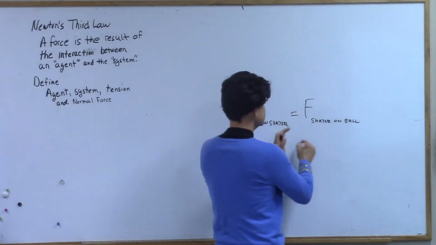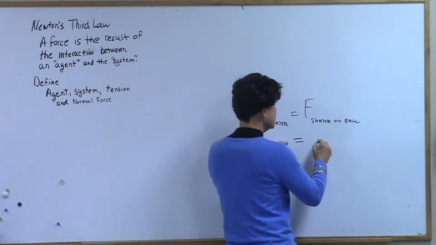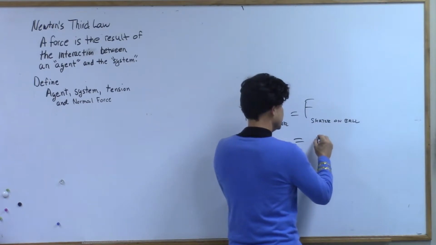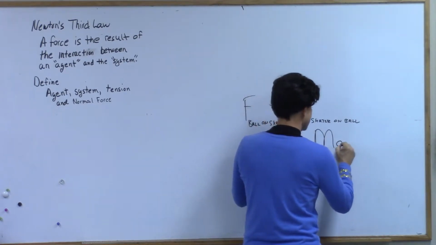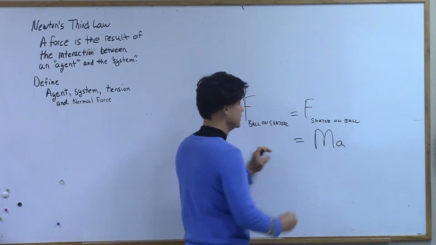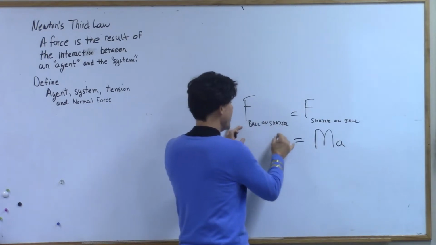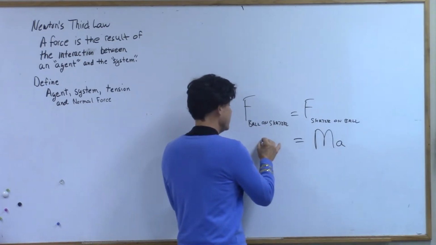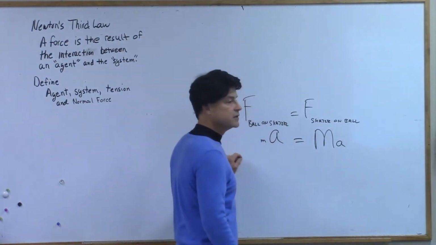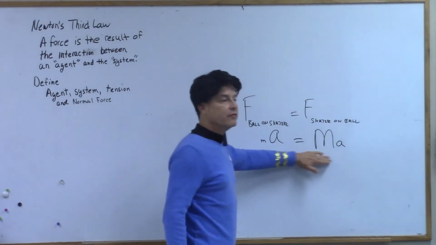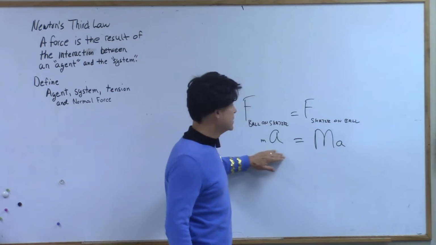The force of the skater on the ball is going to equal, let's see, this is the skater, so it's going to be the mass of the skater times the acceleration of the skater. And this is the force of the ball on the skater, so it's going to be the mass of the ball and the acceleration of the ball. Look at the funny way that I've written F equals ma, right?